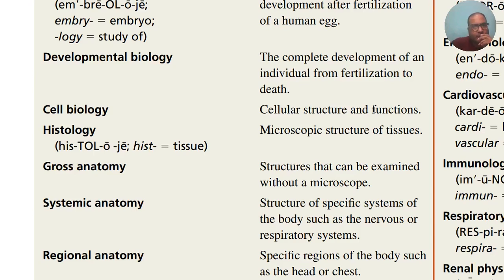The next term is histology, the microscopic structure of tissues. It is a little more advanced. As you know, the cell is the simplest unit of life, but histology deals with groups of cells, which we call tissues.